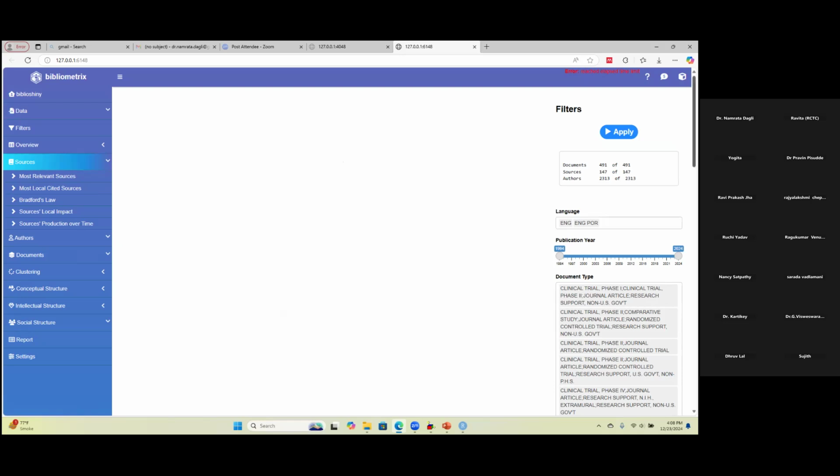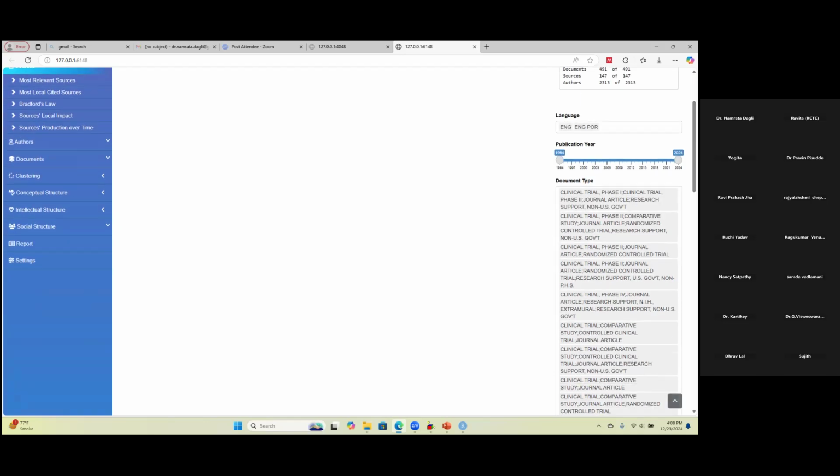When you open this, Bibliometrix gives you all these details too. You can set your publication year from here, language from here. If you have not used the filters while downloading your data from the databases, you can also use filters here.